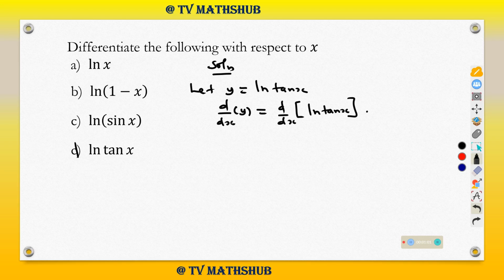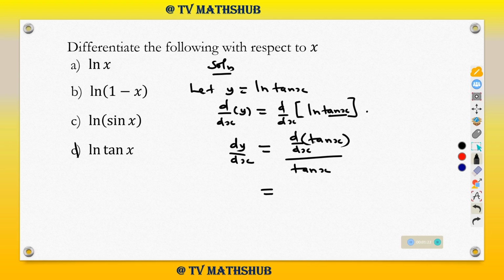So from there, when you differentiate y with respect to x, you will get dy dx. And this will be equal to differentiate your function. The function we are having here is tan of x. Differentiate your function, divide by the same function.